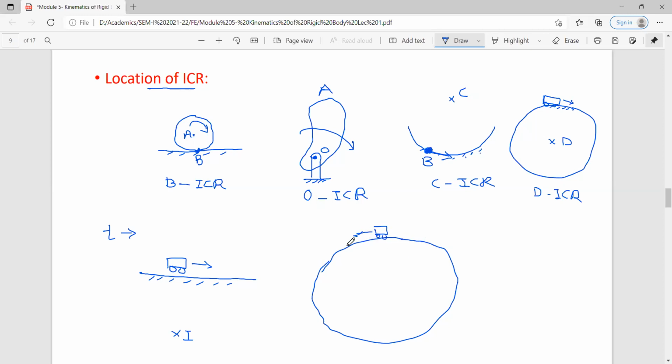Only thing is that you are not realizing it, and that is because the radius of the curve is very large.